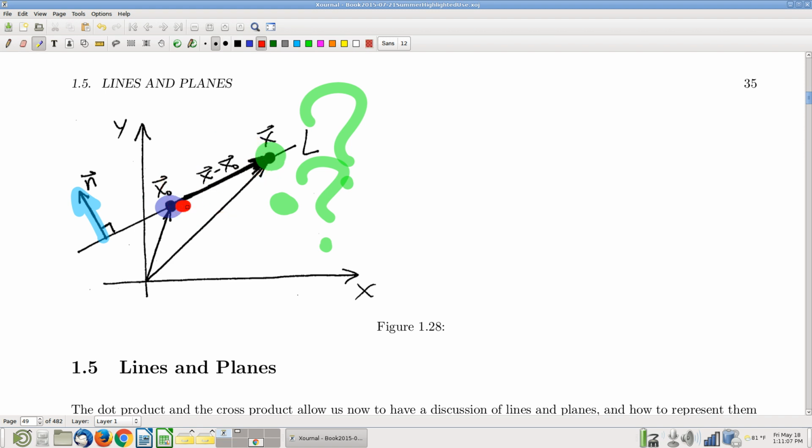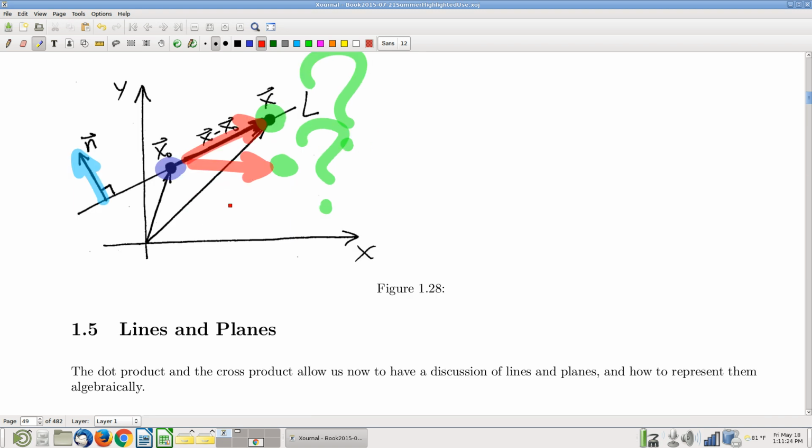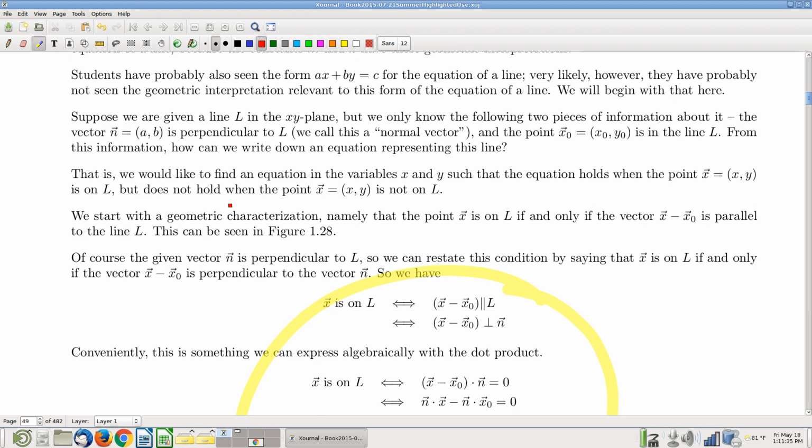Whereas if it's not on the line, then that difference would not be parallel to the line. Right? So whether or not x minus x naught is parallel to the line entirely determines whether or not the point x is on the line. Okay. Everybody happy with that? I'm going to start off with that down here. So the point is on the line if and only if x minus x naught is parallel to the line.